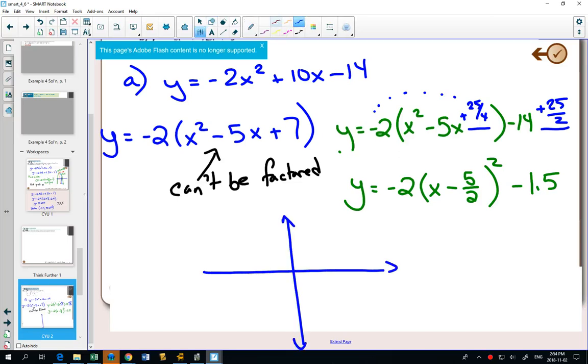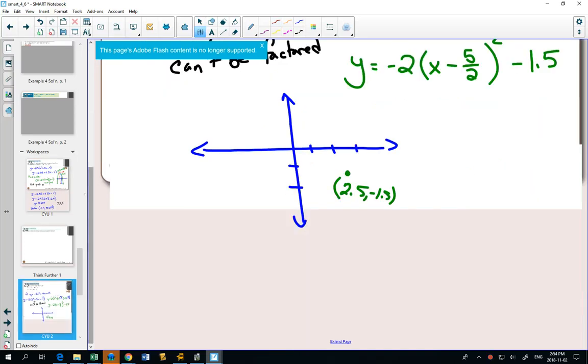So in our case, our vertex is going to be at 2.5, comma, -1.5. Will it open up or will it open down? It'll open down. And so we can go over 1, down 2.